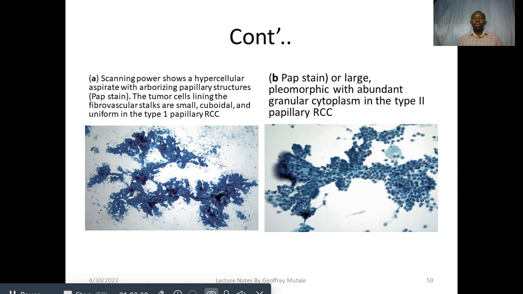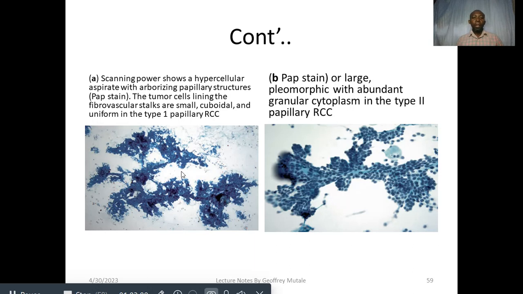So we have some images here in reference to the papillary carcinoma, and in A under scanning power we can see the hypercellular aspirate with the arborizing papillary structures, and the tumor cells lining the fibrovascular stalks are small, cuboidal, and uniform in type 1.